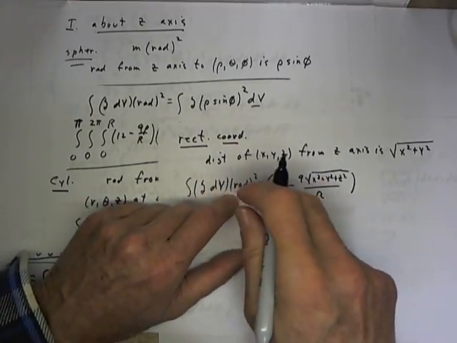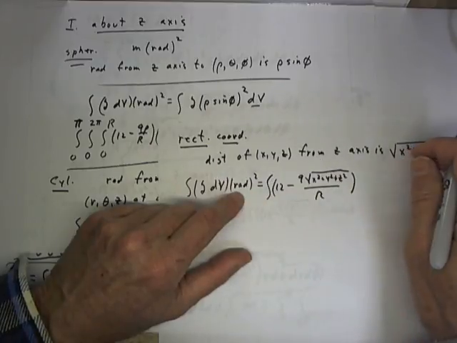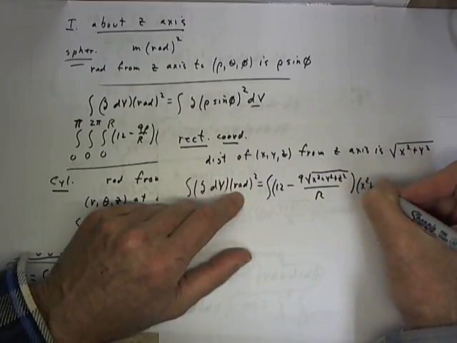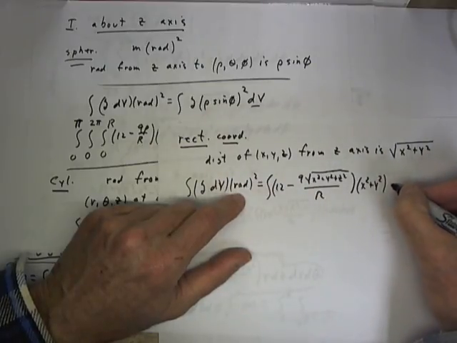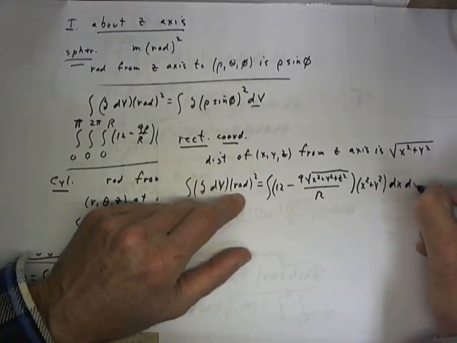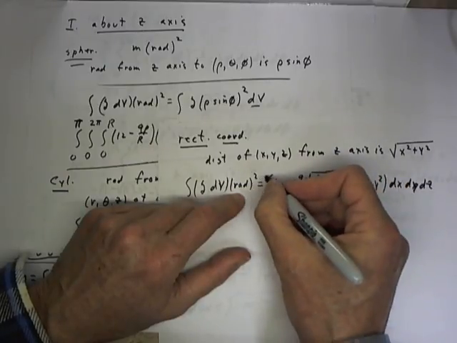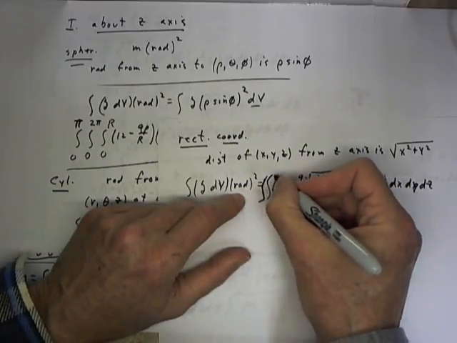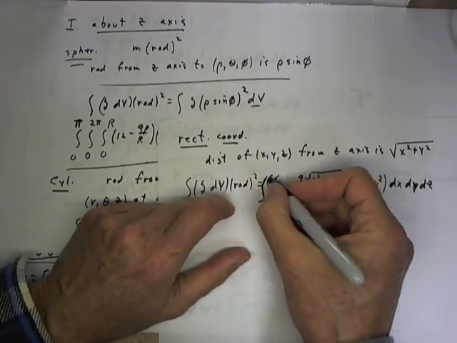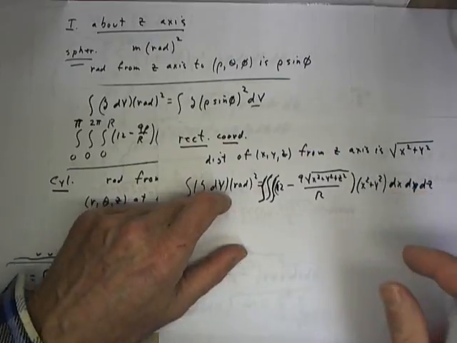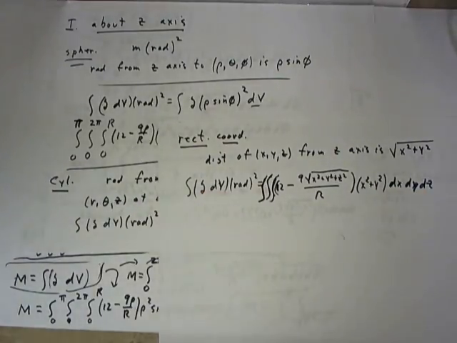Our distance from the axis squared is going to be x squared plus y squared, and our volume increment is going to be, right now I'll just write it as dx, dy, dz. This will be a triple integral and that's getting to look pretty bad, but we get the idea.